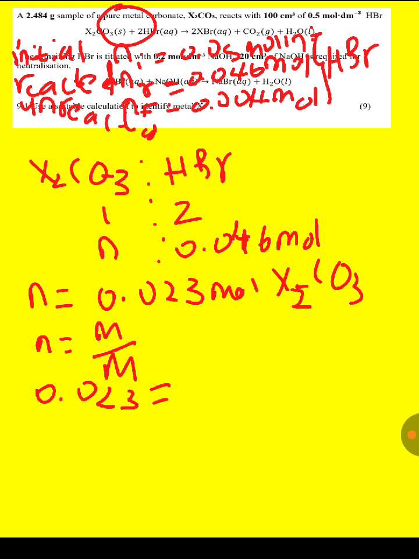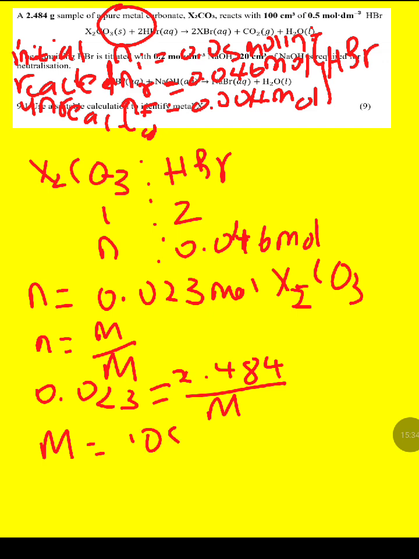So we write 2.484 over the molar mass. If you solve here, you're going to get a molar mass equal to 108 grams per mole.